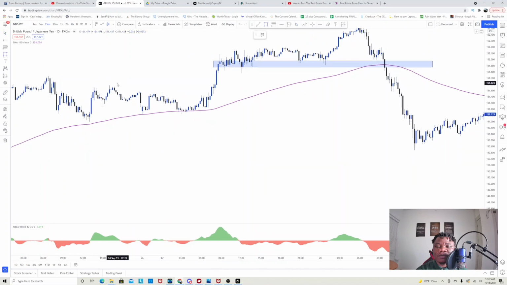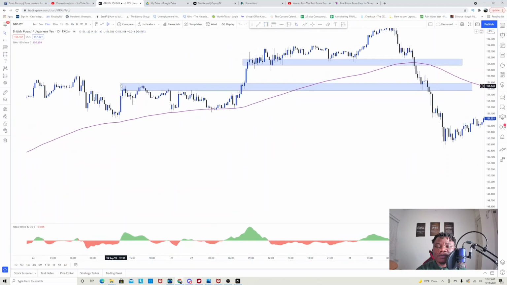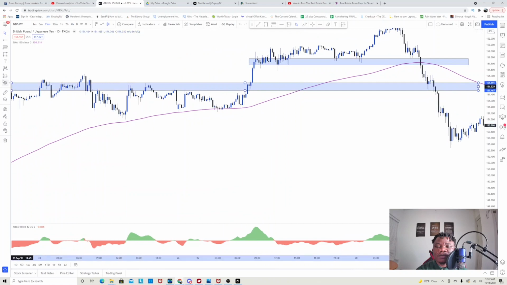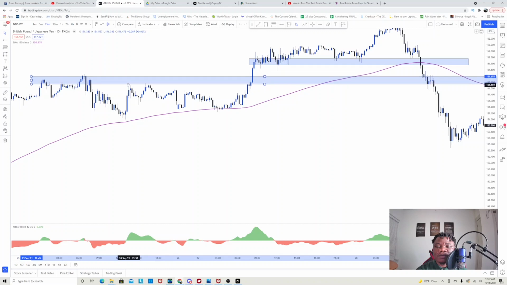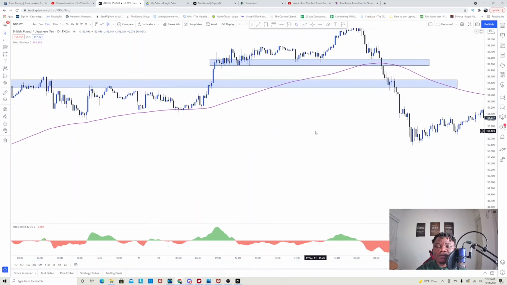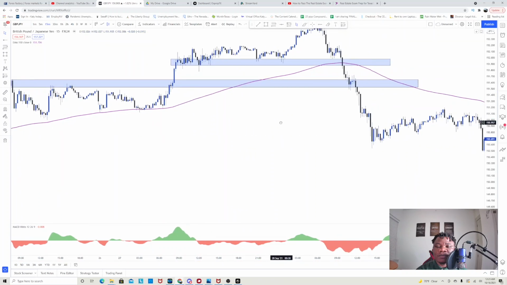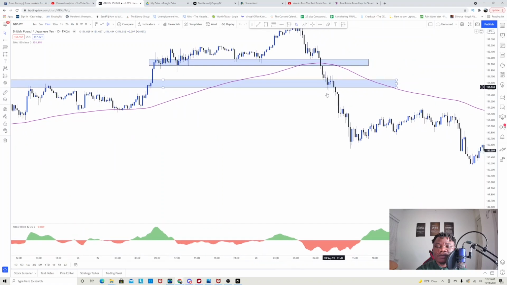Now we know we had a resistance zone right here, if we look to the left-hand side. So now what we're waiting for, because now we're below the 150 EMA.